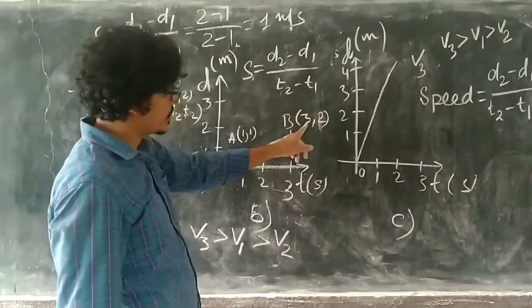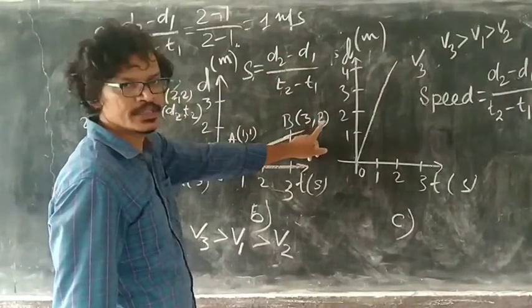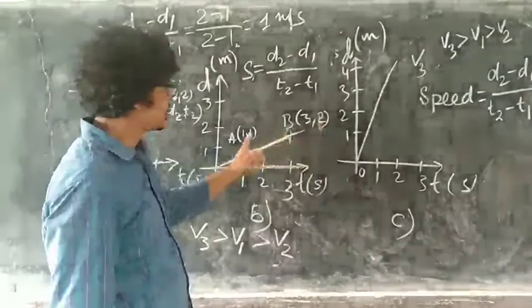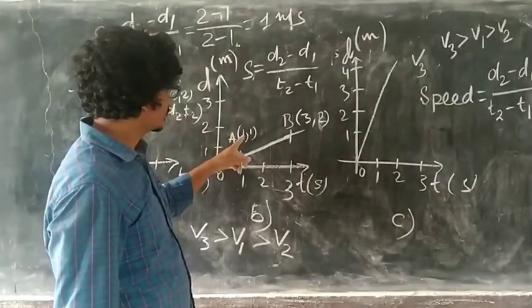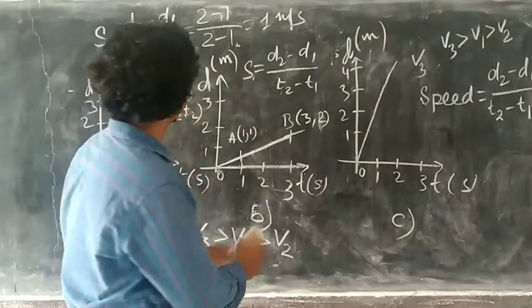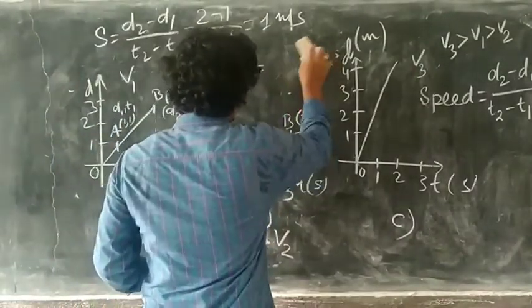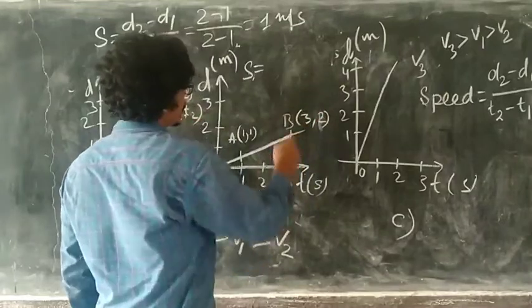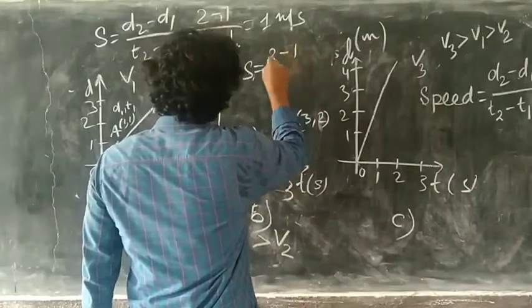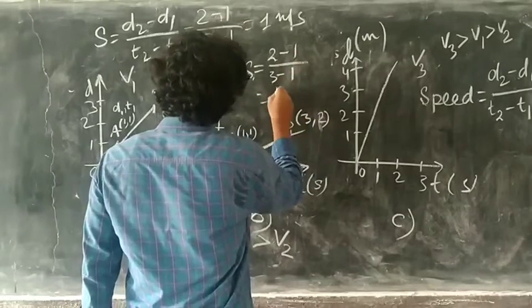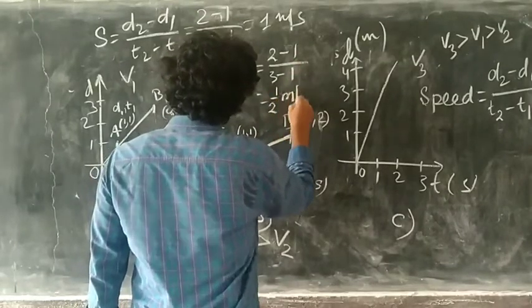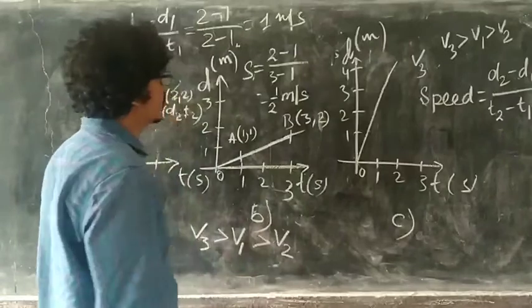Here this is d2, this is t2, this is t1, this is d1. So substitute it: 2 minus 1 by 3 minus 1, that is 1 by 2 meter per second.